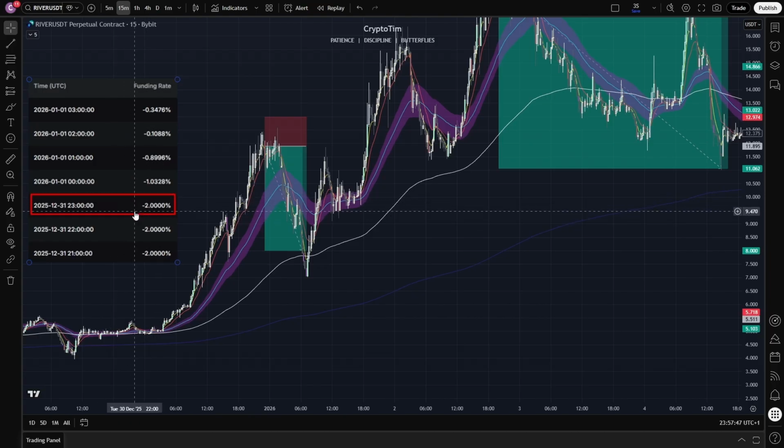But when this timer hits 0, they have to pay 2% of their position size to long position holders. So that's on the position size. So keep in mind, if you're on 10x leverage, it's already 20% ROI you have to pay, for example.